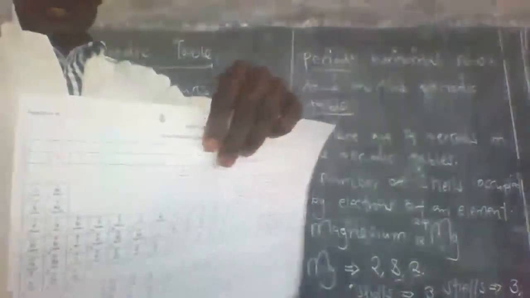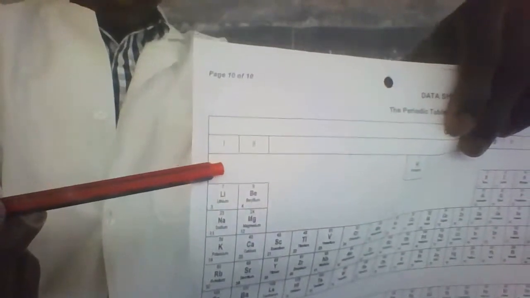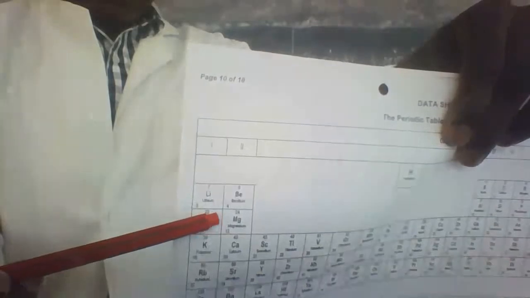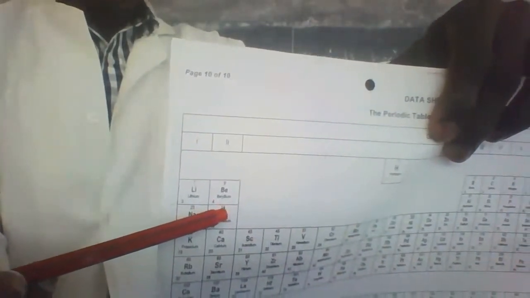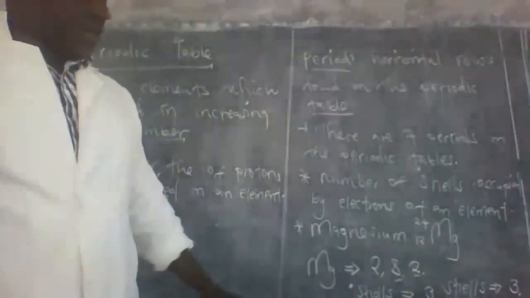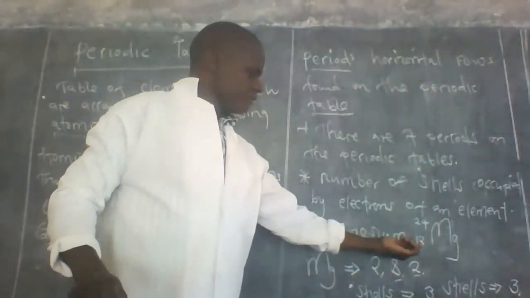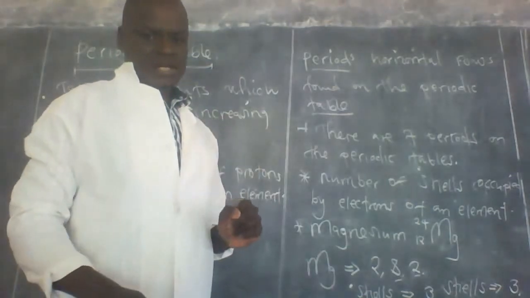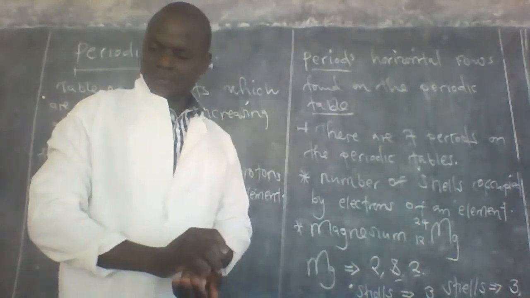Let's counter check. The first shell is here, the second shell is here, then the third shell, that's where we are likely to find magnesium. It is because the 12 electrons of magnesium can only occupy 3 shells. Okay?